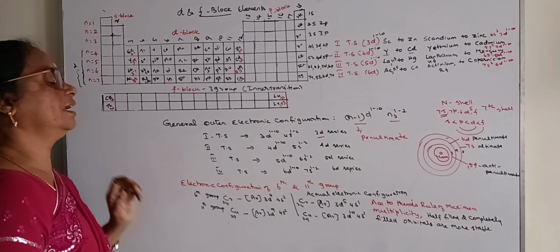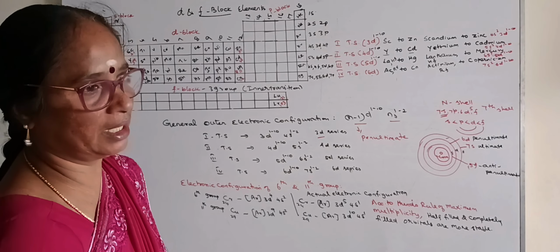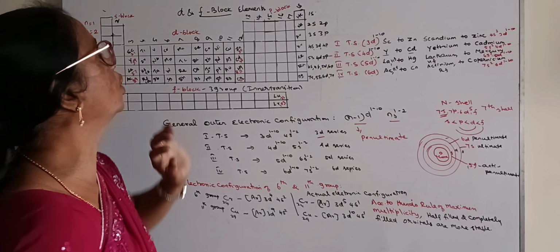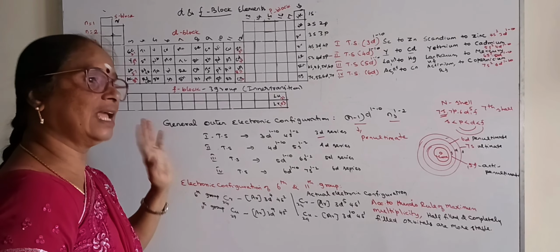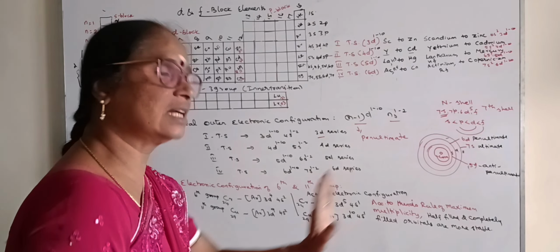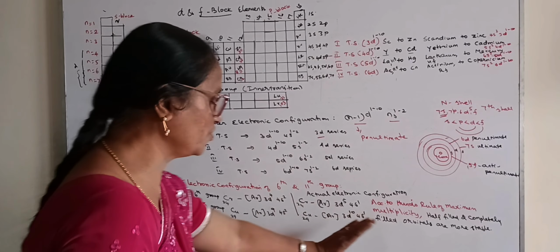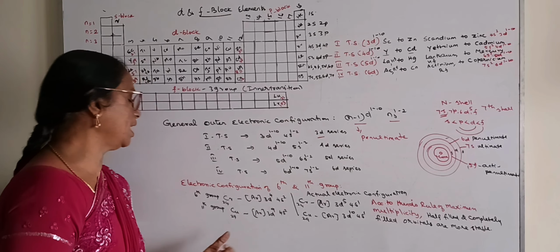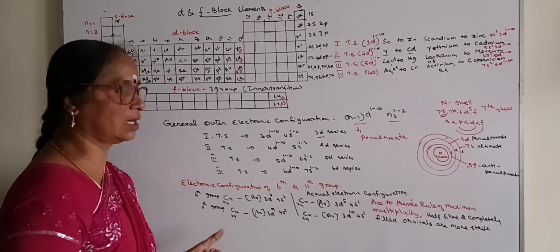In this series, some of the elements, for example those belonging to group number 6 and group number 11, have their electronic configuration in a different manner. Actually, we used to write the electronic configuration, for example, of chromium and copper.